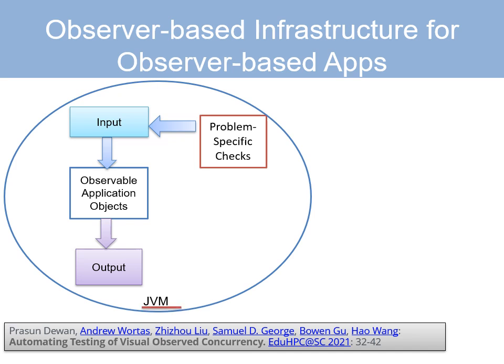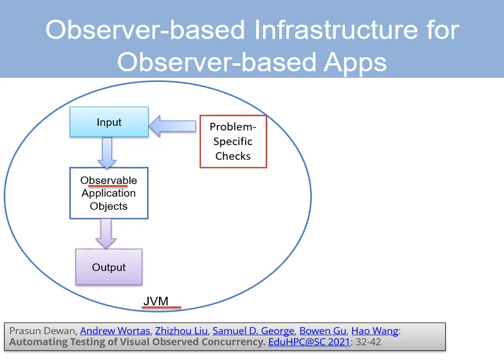And one assumption we make in a solution that we developed a few years ago is that we are using Java. And the application consists of observable objects. These are objects that go and announce their state changes to anyone interested in them, any observer interested in them. Okay?